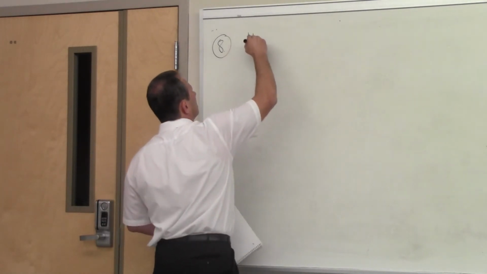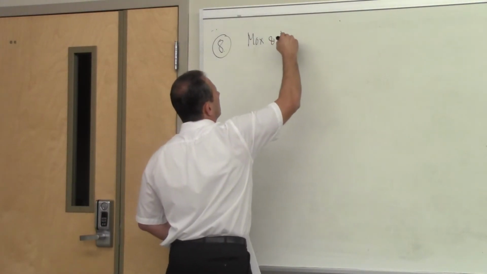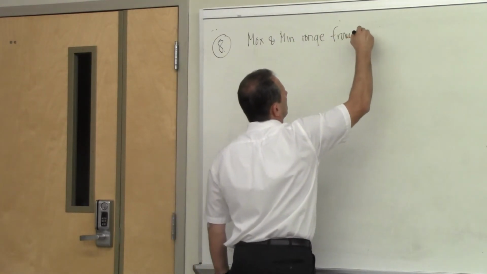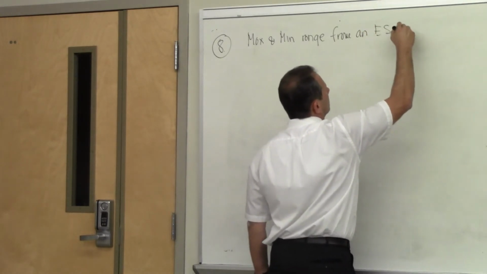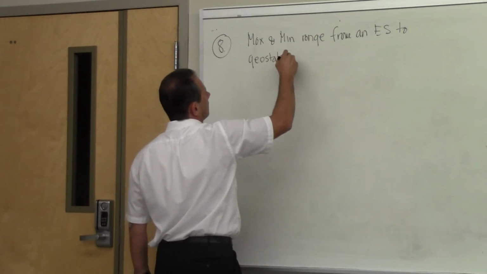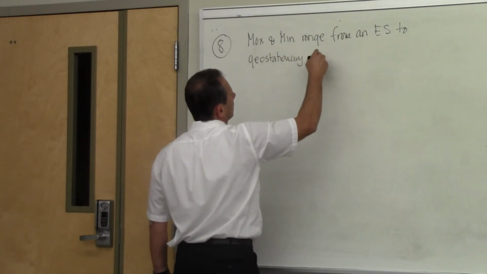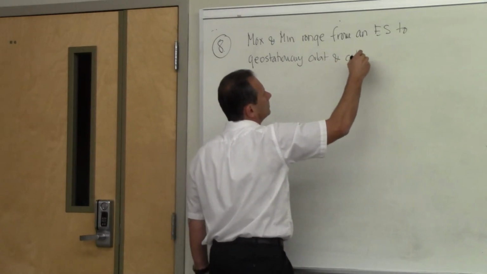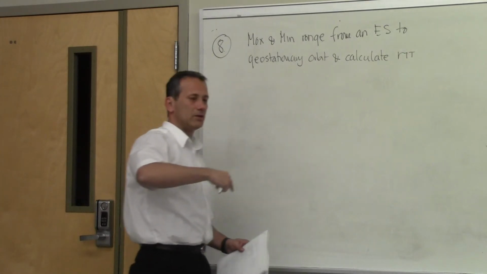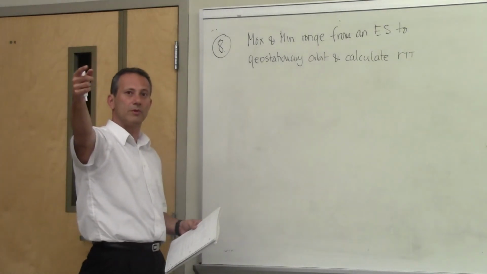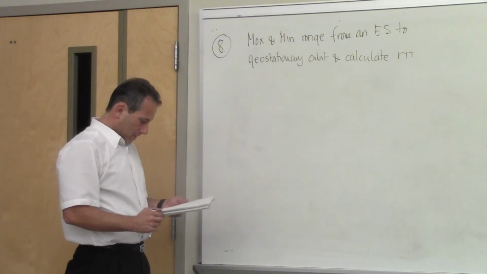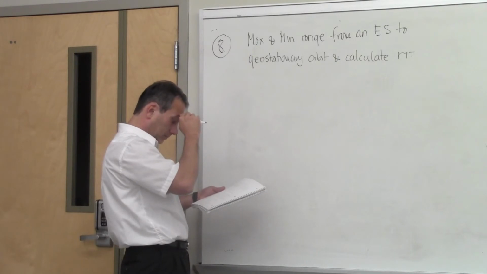So maximum and minimum range from an Earth station to geostationary orbit, and calculate round trip time, right? How long does it take for the signal to go to the geostationary orbit and come back?